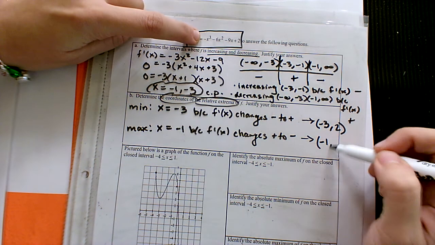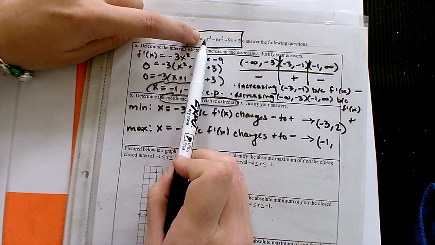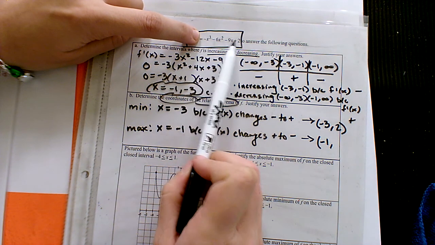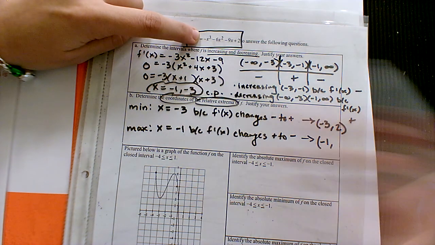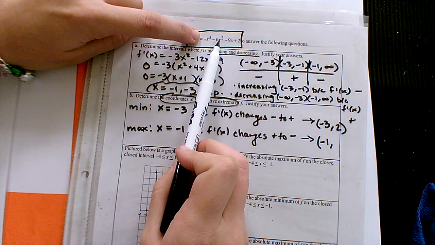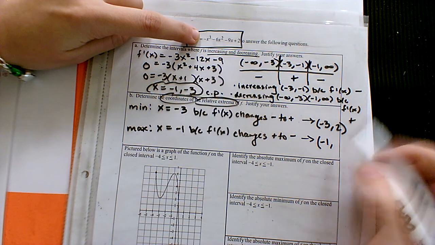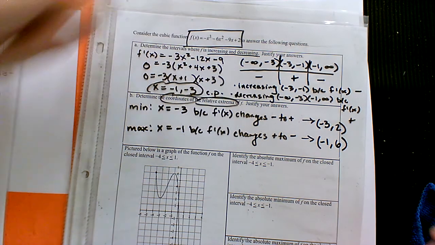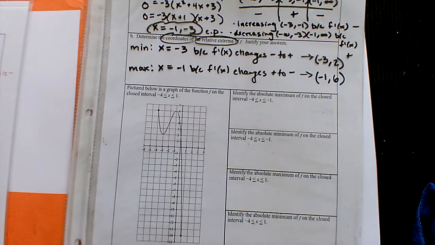If we plug in -1, this would be +1 minus 6 plus 9 plus 2. One minus 6, -5 plus 9, 4 plus 2, 6. There we go. Looks good.